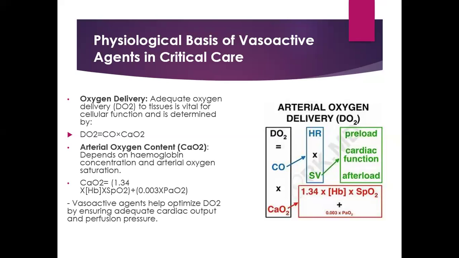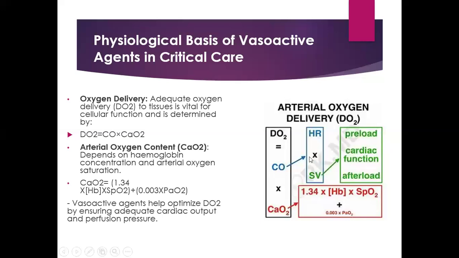The oxygen content depends on the hemoglobin concentration of the blood and the arterial oxygen saturation. So the PaO2 and the oxygen saturation all combine to give you adequate oxygen delivery to the tissues, and actually utilization.